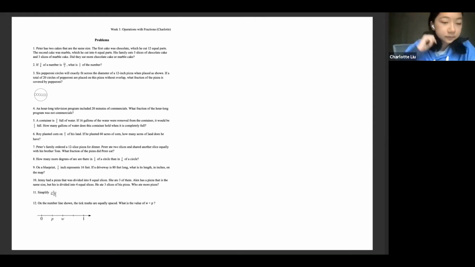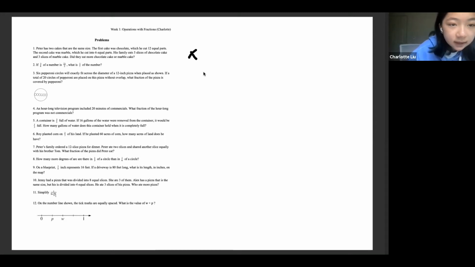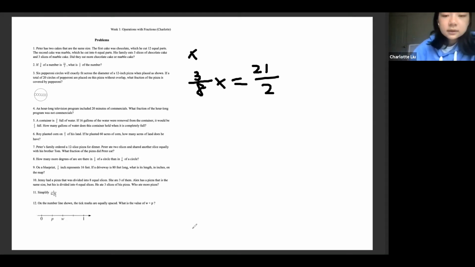So let's say the number is x. 3/8 of that number, which would be 3/8 of x, would be equal to 21 over 2. First we need to find what x is. We have to isolate x, so we have to get rid of the 3/8.